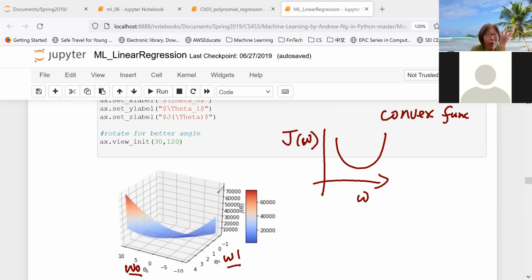So this is 3-dimensional. The third dimension is regarding the cost function. So here it also plots, to visualize and show us the relationship between the cost and the weight.